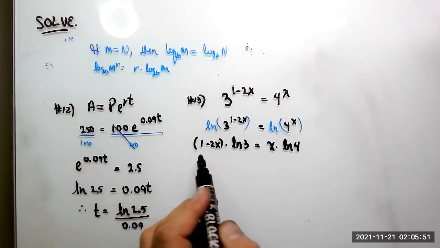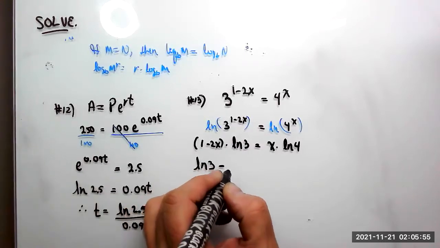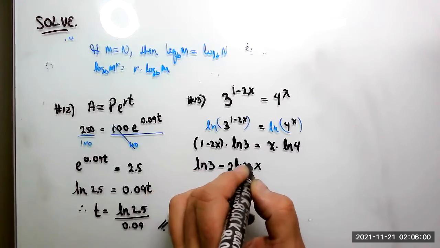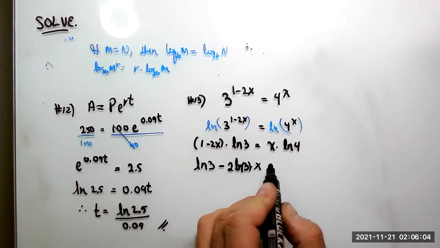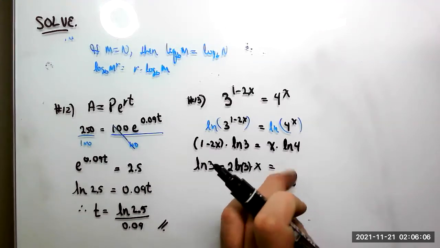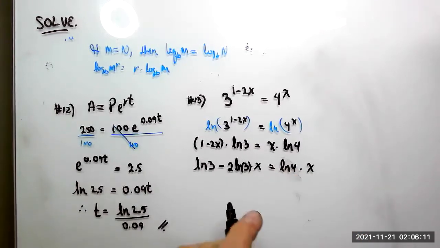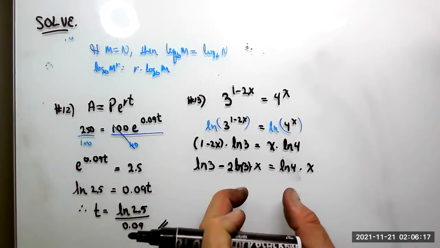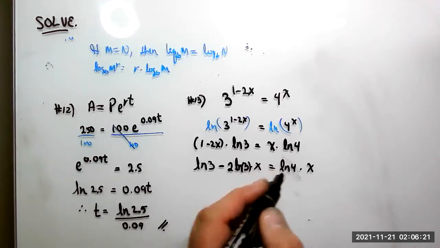I must break this parenthesis, so what do I have? ln of 3 minus 2 ln of 3 times x equals ln of 4 times x. Remember, ln of 3 is just a number, ln of 4 is just a number. Since I'm solving for x, I want all the terms that contain x on one side of the equation. So I'm going to add this one to the right-hand side.